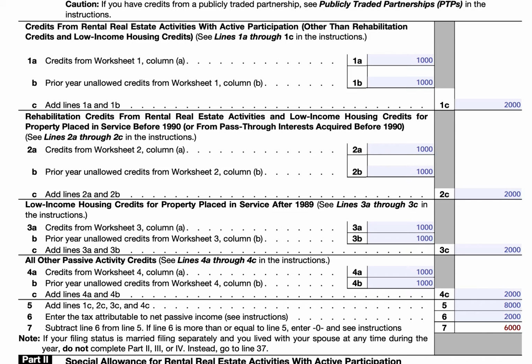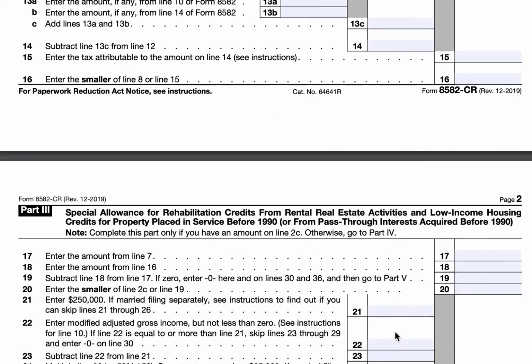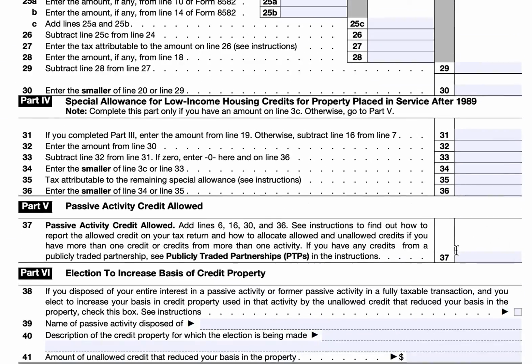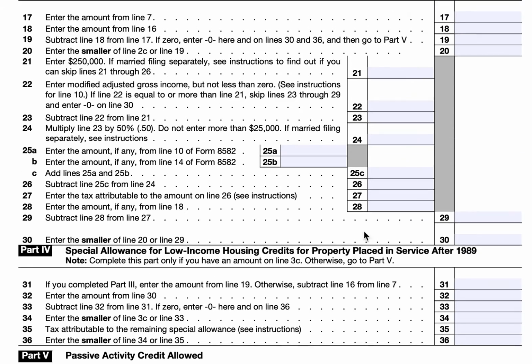If line 6 is greater than or equal to line 5, then you would enter 0, and in this case, all of your credits from passive activities are allowed. So you can enter the amount from line 5 directly onto line 37, and you don't have to worry about any of these special allowances.